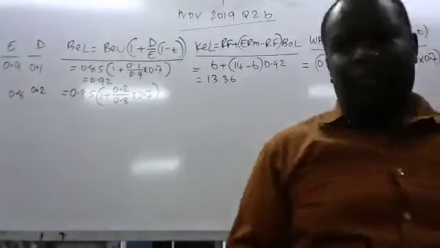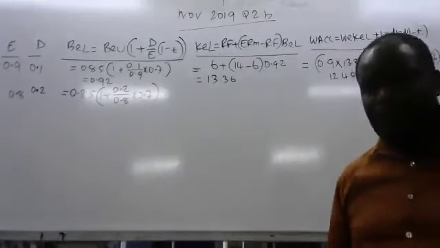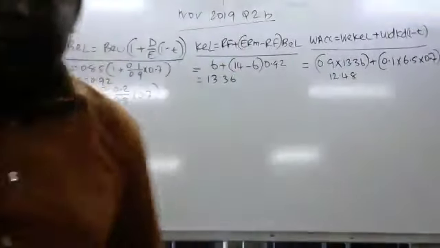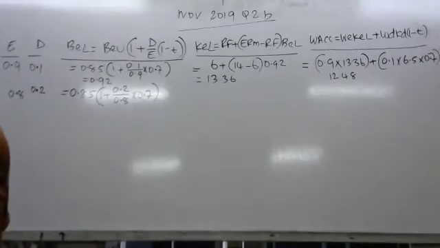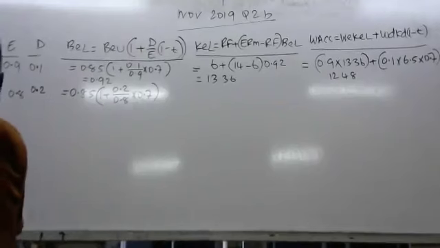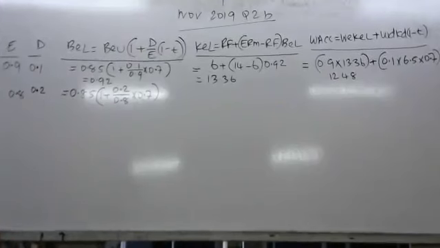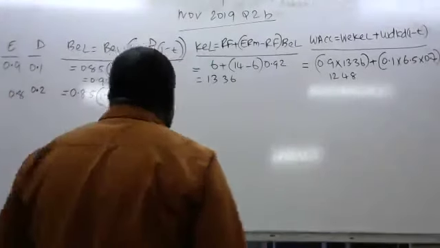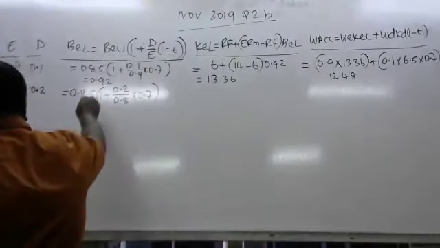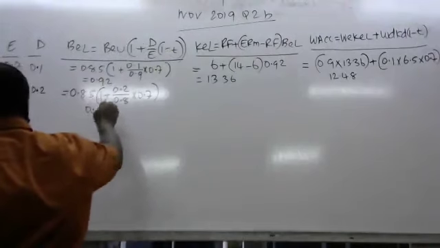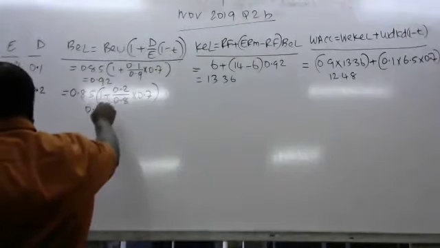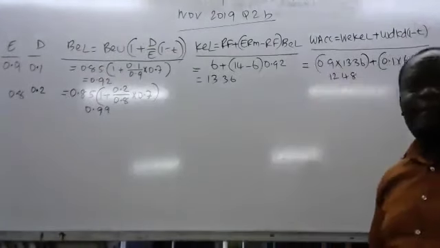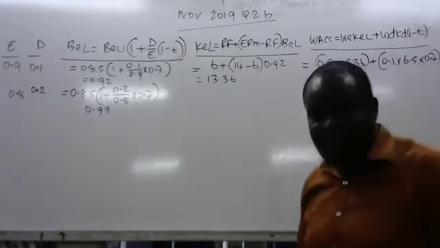Also round it off to 2 decimal places to give us which figure? 0.99, 0.98, 0.998.